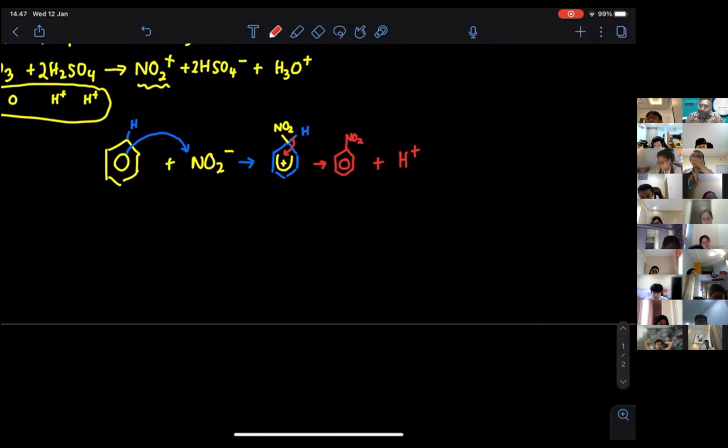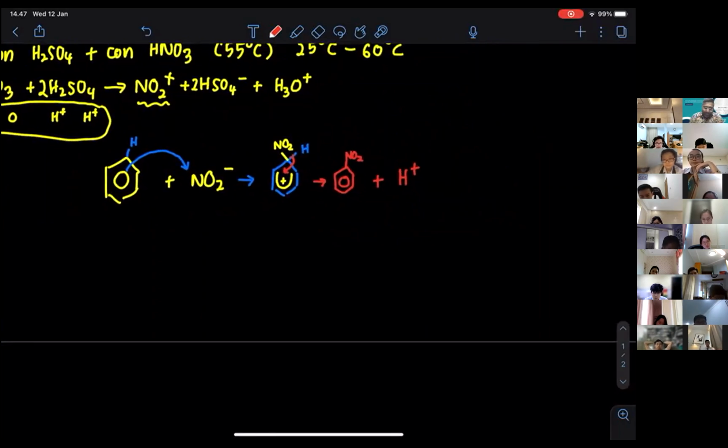But if you want to use the same method as last time, it will react with the catalyst again. So you can also write that the H+ can join with HSO4- to give you H2SO4, which is also correct. So this is the mechanism of the reaction.